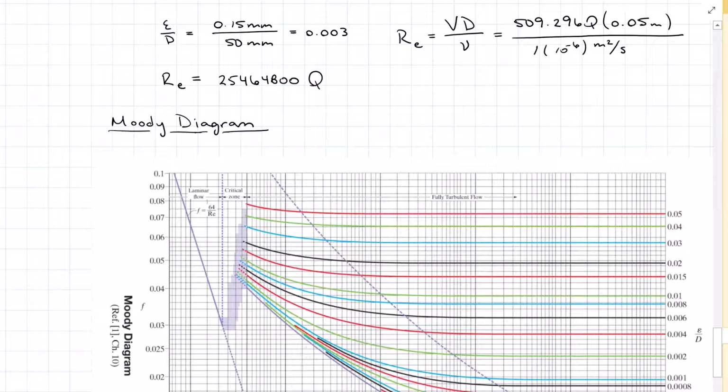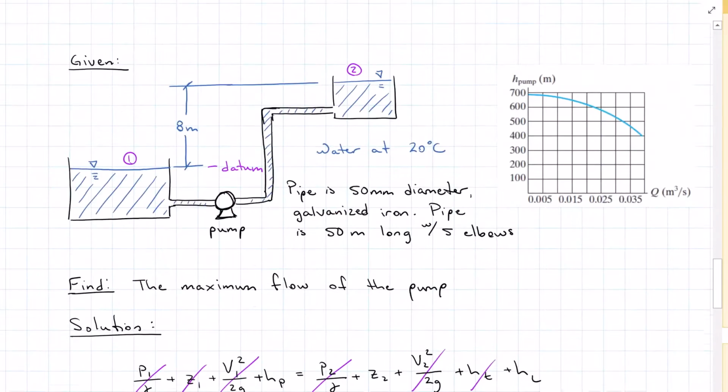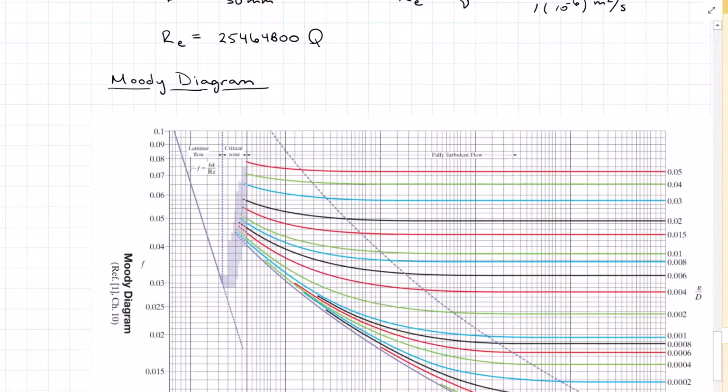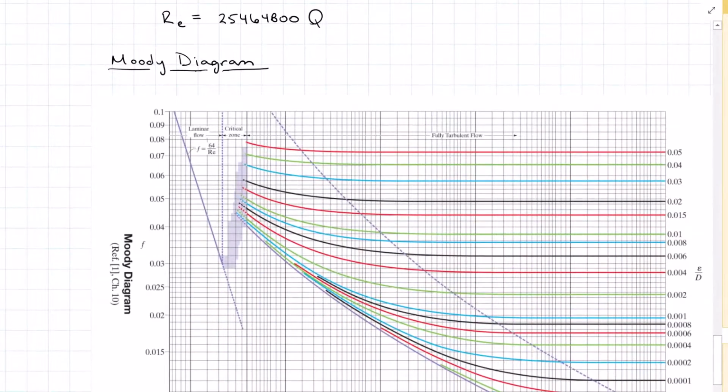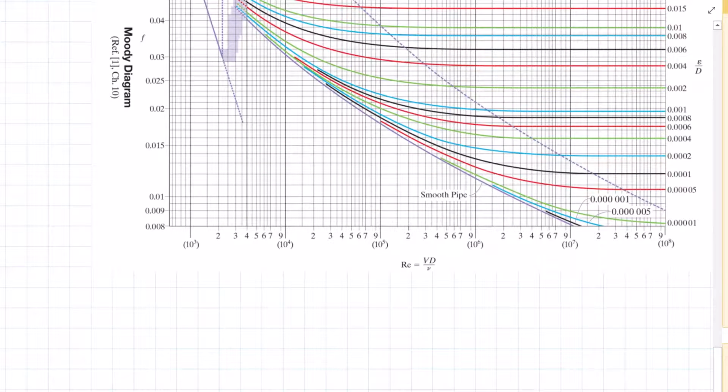With our Reynolds number in terms of Q, we can use that with our roughness ratio to get a friction factor to calculate a head, and then see if we can merge on the graph like we did with the last one. So starting off very simply with Q equal to 1, I'm going to have 2.5 times 10 to the 7th.